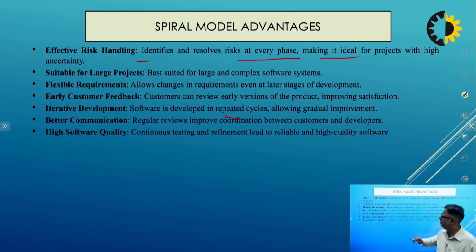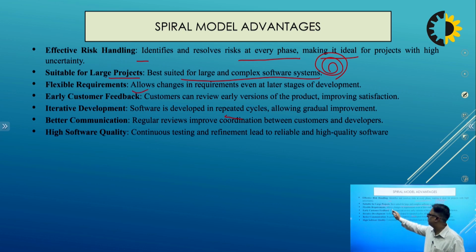The second advantage is that it is suitable for large projects. If we develop large, huge-scale projects, we use the spiral model because it is best suited for large, complex software.